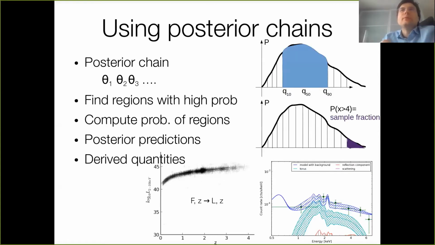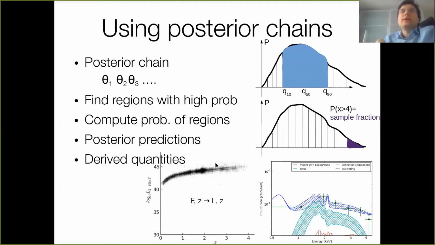How can you use them? Well, you can make histograms to recover the distribution. You can make quantiles of these, so you can sort them. You can find 10 and 90% quantiles. Then you have the credible intervals. You can take each of those values, apply it to your model or compute something else. Then again, you get a chain of values out.